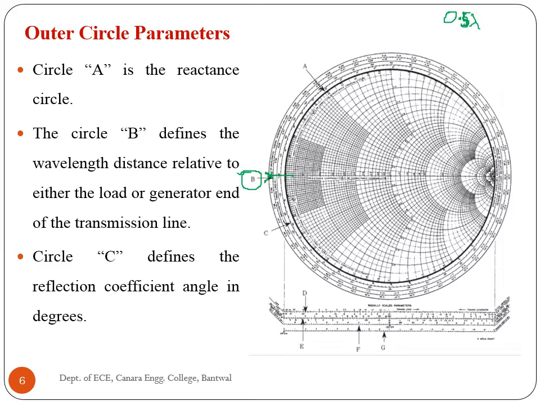Although both wavelength scales are of the same magnitude 0 to 0.50, they are opposite in direction. The outer scale is calibrated clockwise and it represents wavelengths toward the generator.